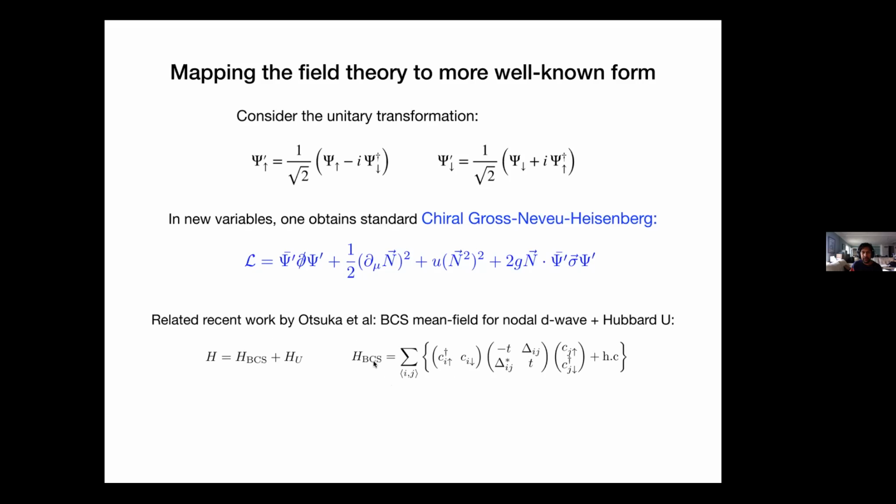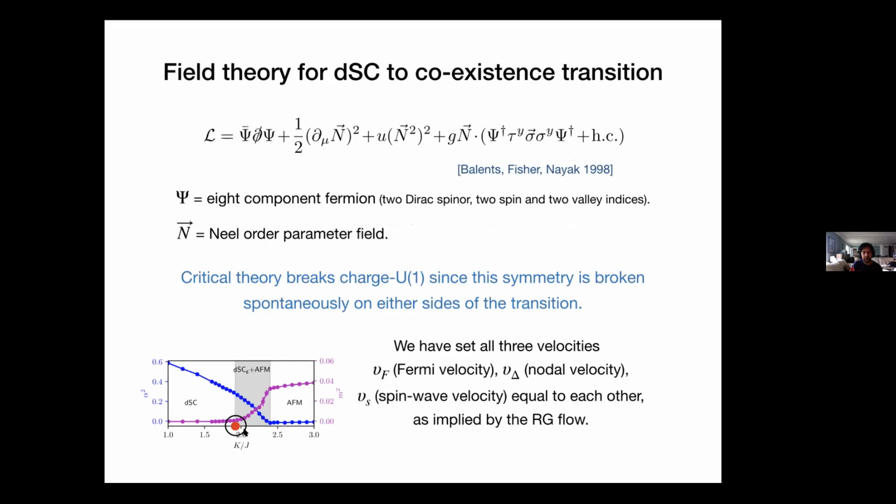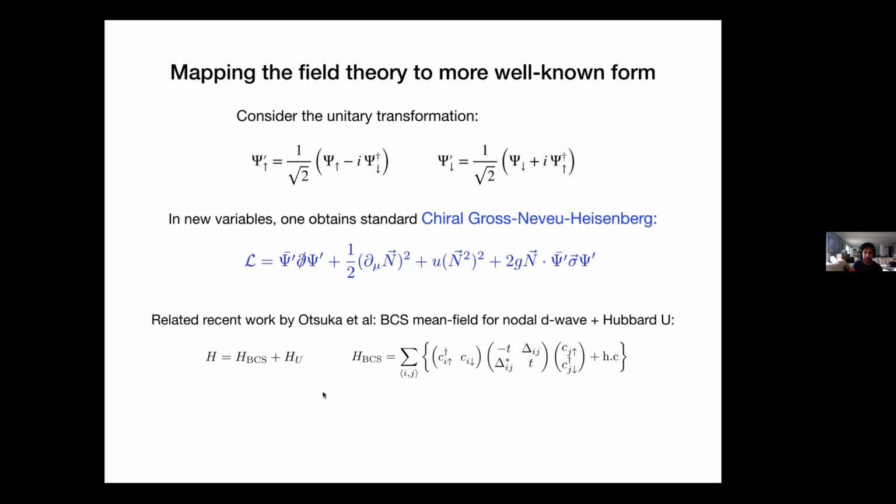But the low energy theory of this specific transition will be the same as what you get here, because both sides of the transition break the U(1) symmetry, so it doesn't matter even if you break it explicitly. That's why I would say this may be a more efficient way to simulate these kinds of phase transitions, because you don't have to worry about this fluctuating field which we kept because we were interested in a real superconductor which has actual phase fluctuations and so on. But if you're only interested in the low energy theory at this transition, then this is all right.